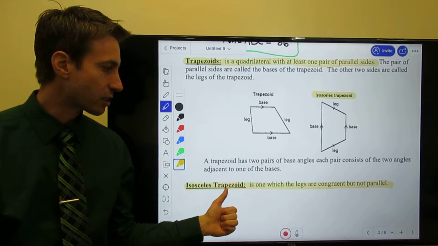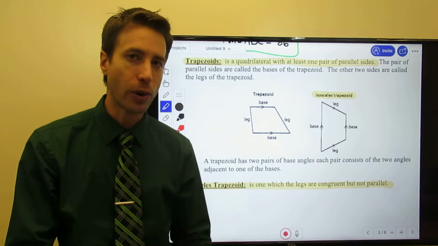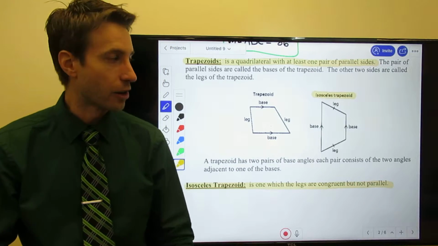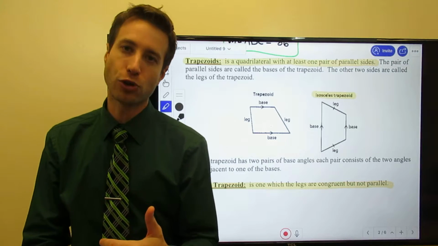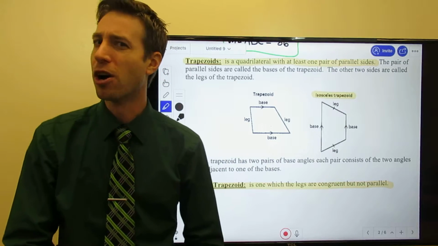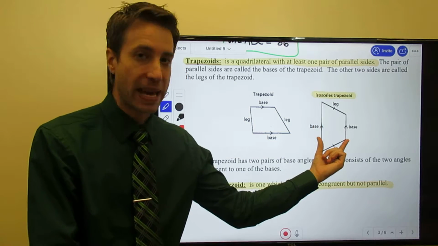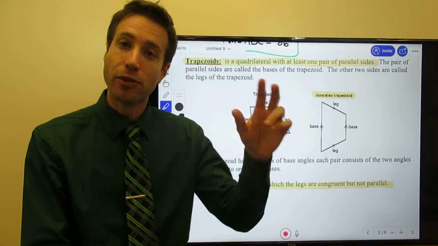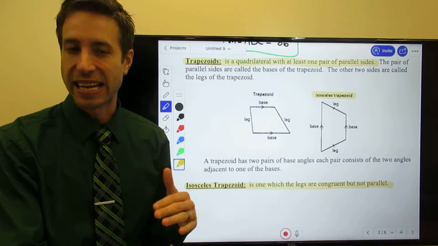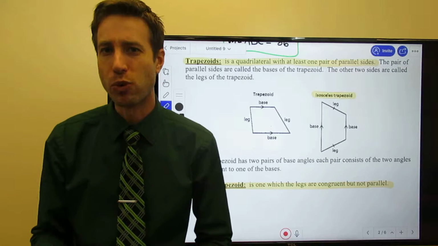So in an isosceles trapezoid, the legs are congruent, but not necessarily parallel. Those are the types of trapezoids we're going to spend most of our time looking at, the ones we're going to do example problems with. We have the base sides, which are the parallel sides, and then the legs. The legs won't be parallel, but they will be congruent.